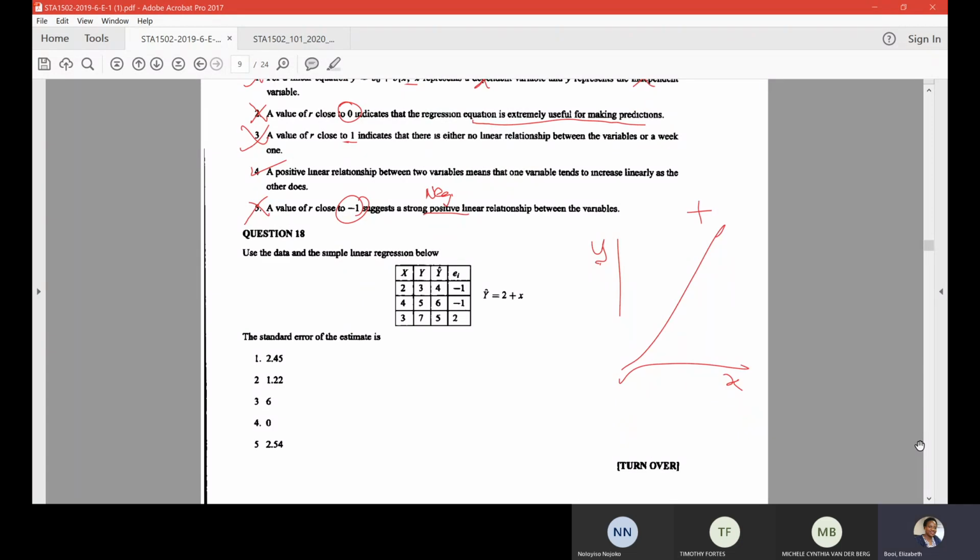Okay, also the second one. This is linear regression, and here we're looking for the standard error of the estimate, which is the SSE.